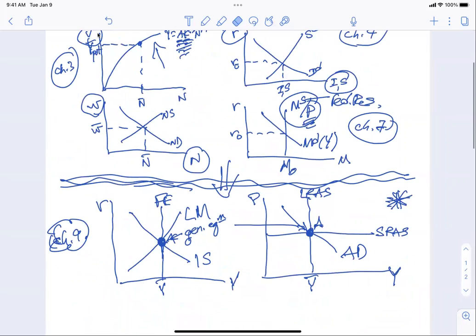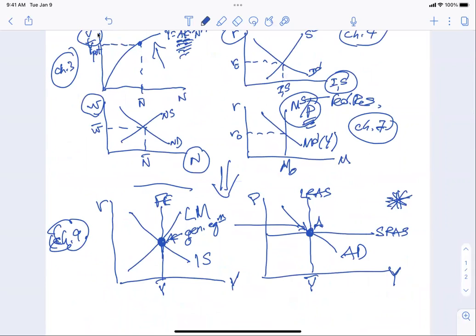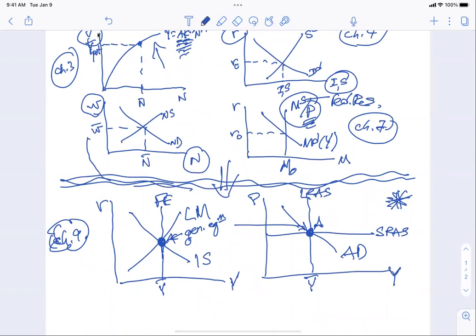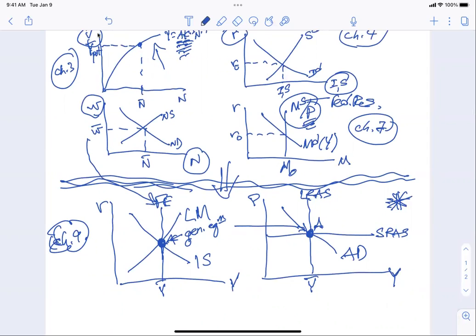So the FE curve has to do with the production function and labor market. The IS curve has to do with the goods market. The LM curve has to do with the money market.